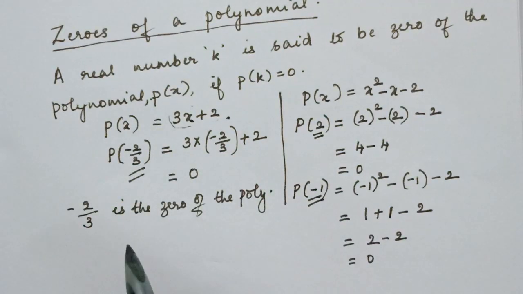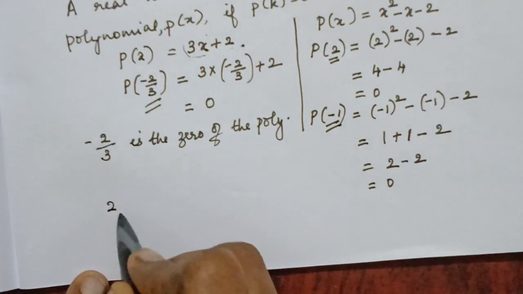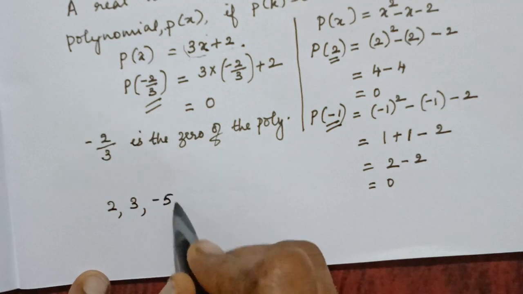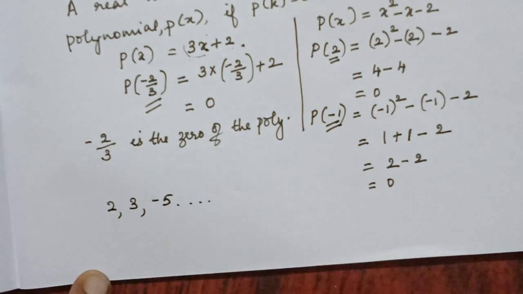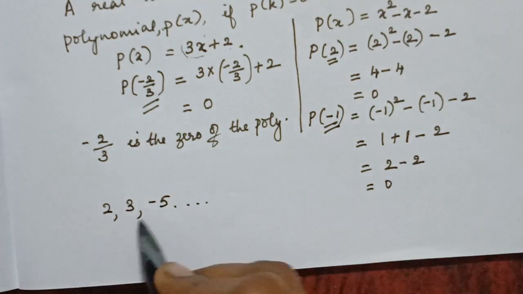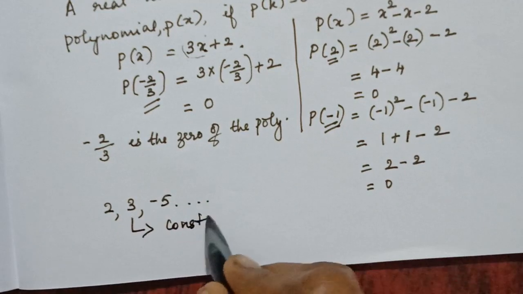Now we were talking about polynomials. Now whether 2, 3, minus 5, are they polynomials? Of course these are all polynomials, and these are known as constant polynomials.